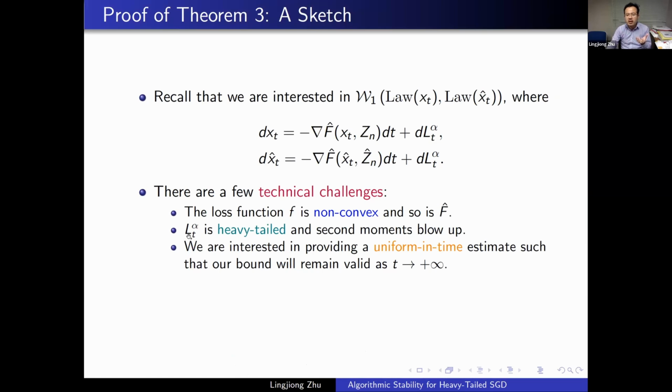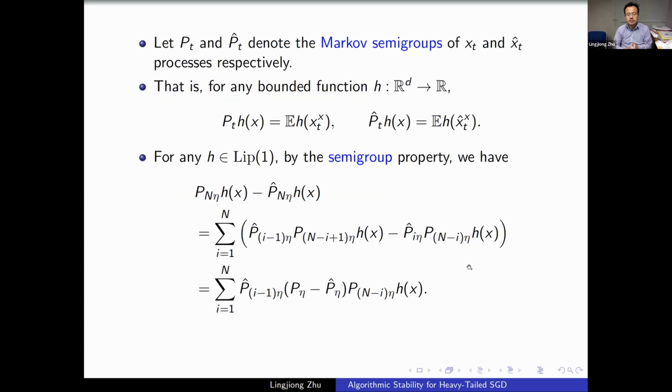Then the Lévy process is heavy-tailed, and the second moments blow up, so you cannot just choose a quadratic function as a Lyapunov function. Finally, we are interested in a uniform-in-time estimate, so we want to allow time t to go to infinity. Those are the technical challenges.